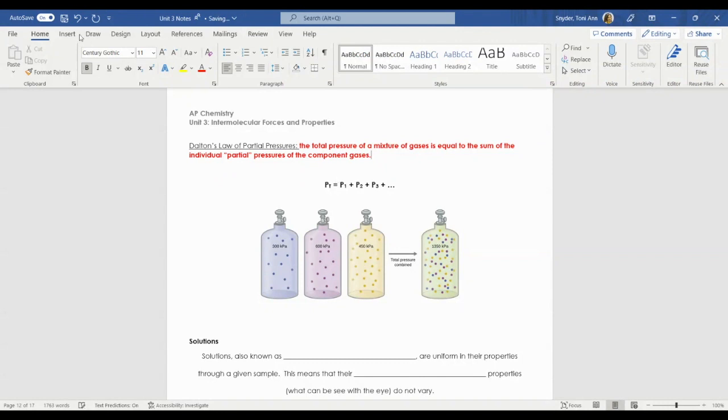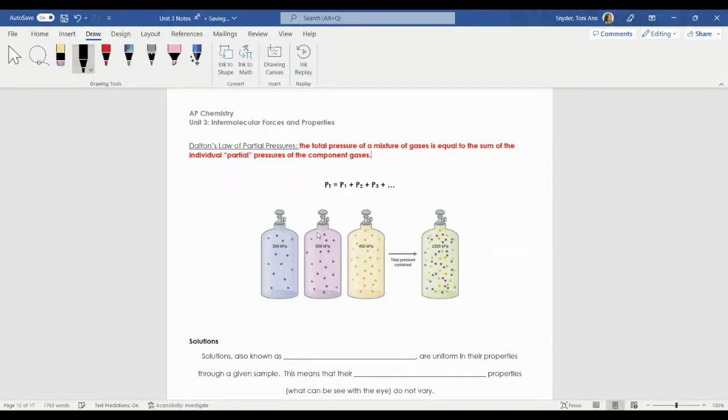So what does this look like? So the equation looks a little something like this. P_T, where T is the total, right? So T is the total. The total pressure in a system is equal to the sum of all the constituent gases.